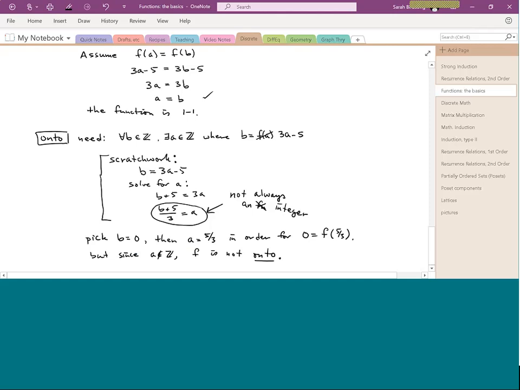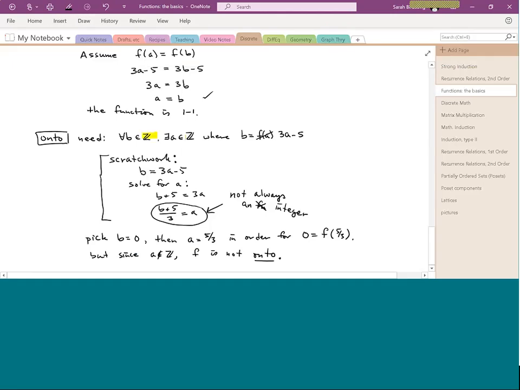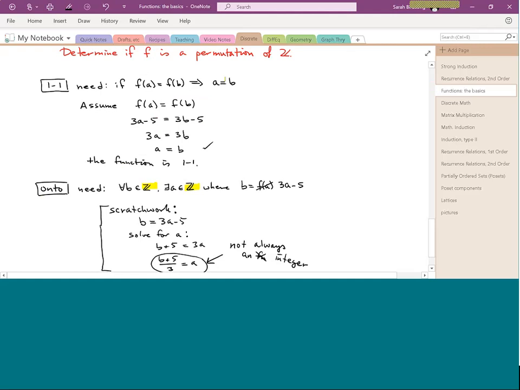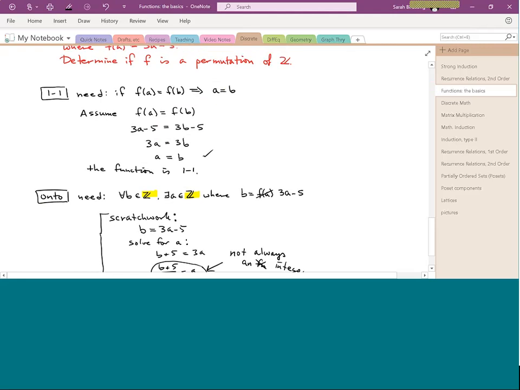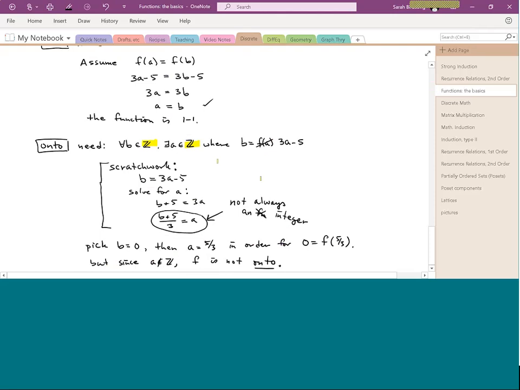Now, you guys have already been looking at this exact same question, but where the only difference is we're no longer dealing simply with integers. That new adjusted function where you're dealing with real numbers, it would still be 1-to-1 because all of this same work would be exactly the same. But the question is, would it now be onto?